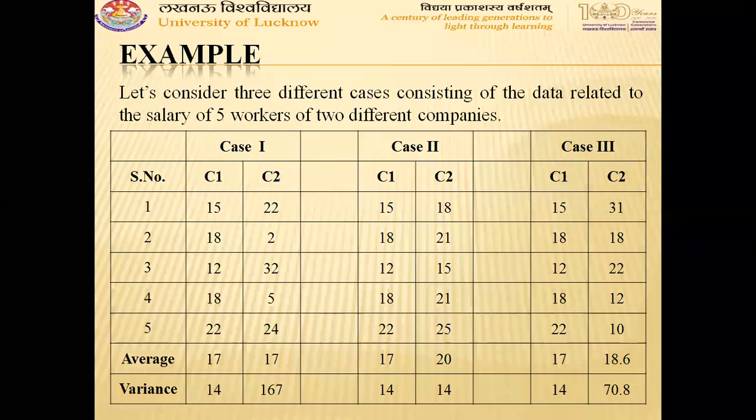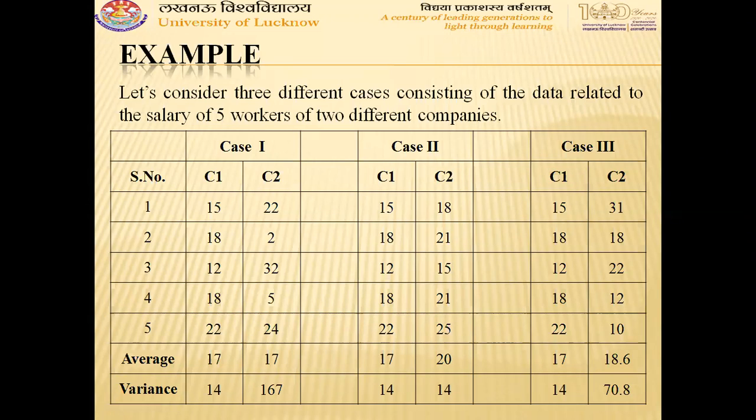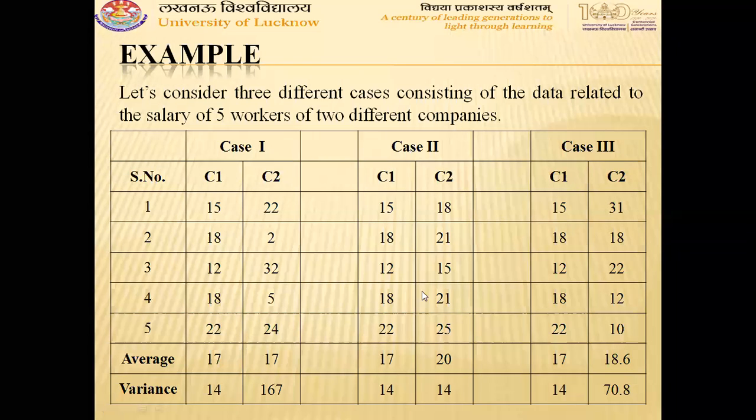The company C1 should be preferred, as there are fewer chances to get a smaller salary as compared to C2. If you join company C1, then the minimum salary will be 12 units and maximum will be 22 units. Whereas if you join company C2, then the minimum salary will be 2 units only. So it will be better to prefer C1.